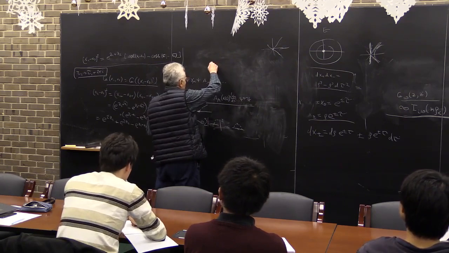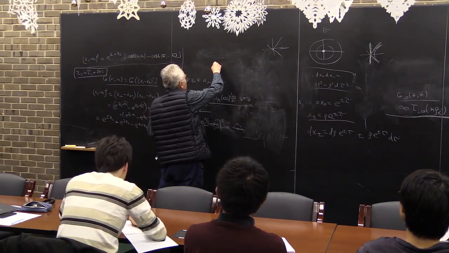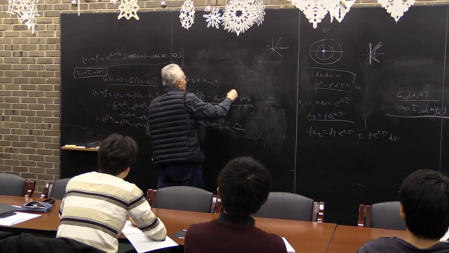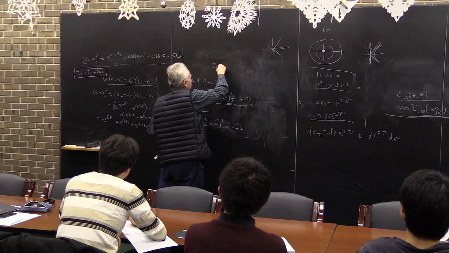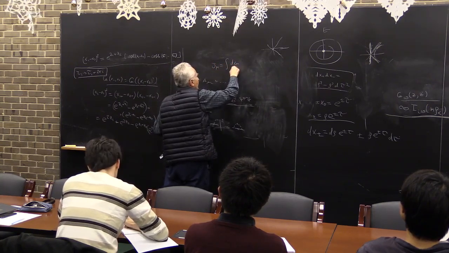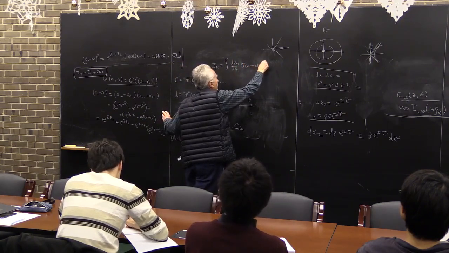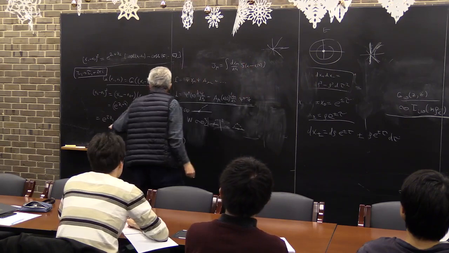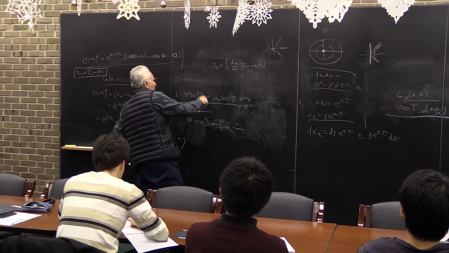You have the current here, which is the integral dx mu ds delta of x minus x of s.